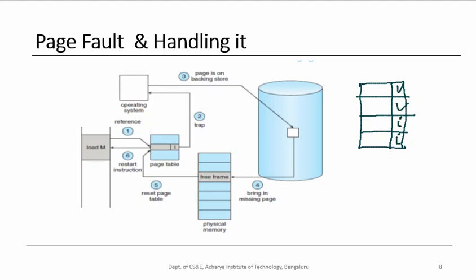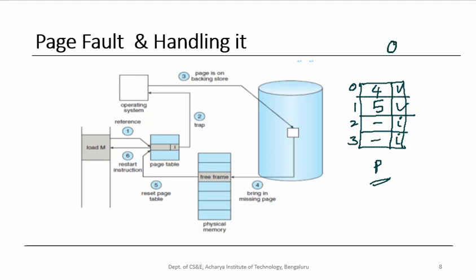So what is the meaning of this? Let's say this corresponds to page 0, this corresponds to 1, 2 and 3 of some process P. This may be present at some frame number 4, and this page may be present at frame number 5. There will be no entries here.